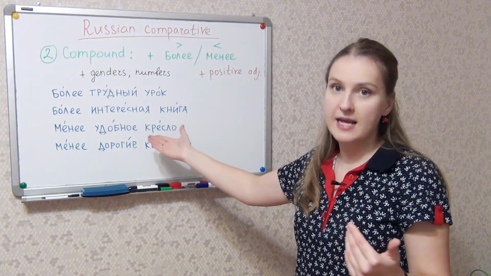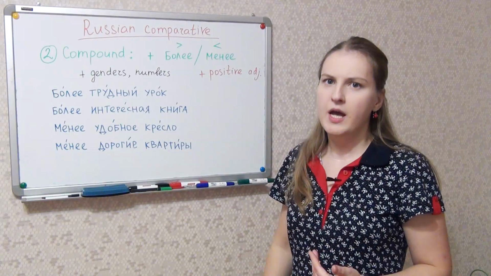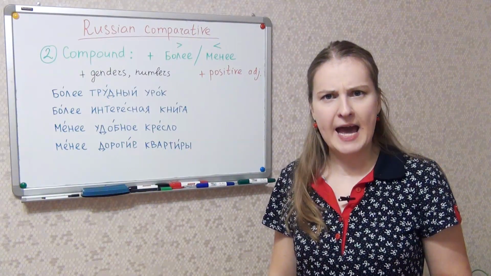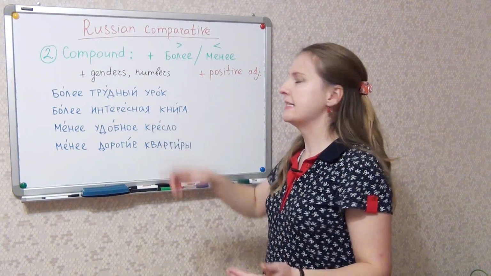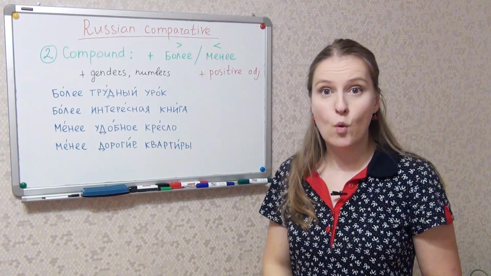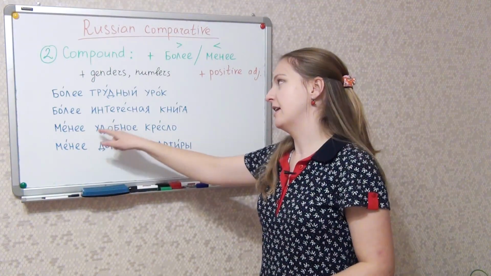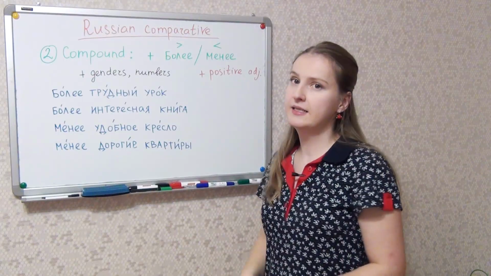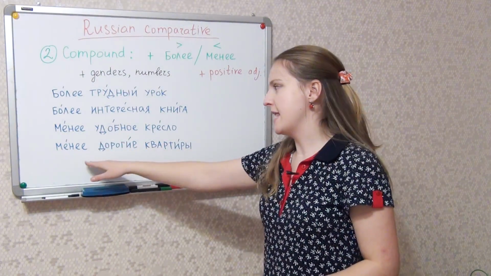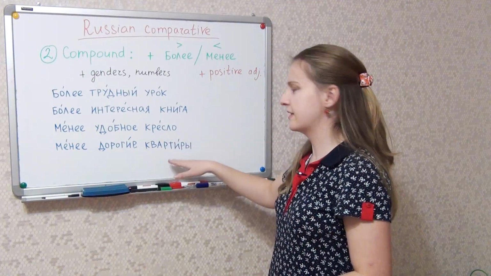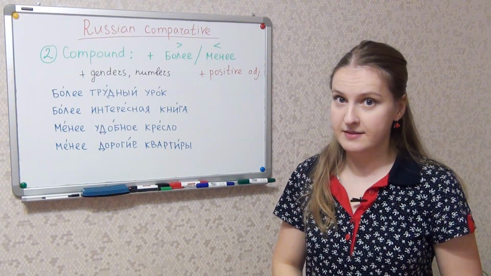Let's take a look at the examples. Более трудный урок. A more difficult lesson. Более интересная книга. A more interesting book. Менее удобное кресло. Less comfortable chair. Менее дорогие квартиры. Less expensive apartments.